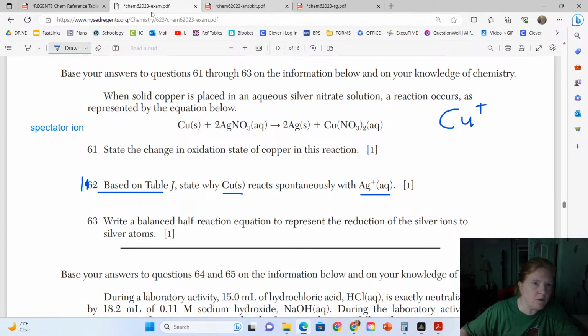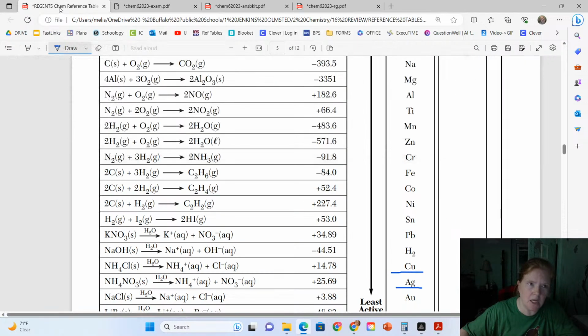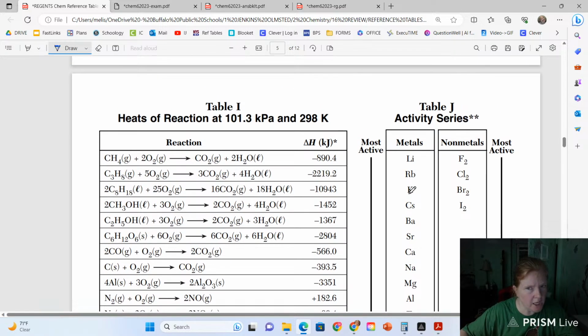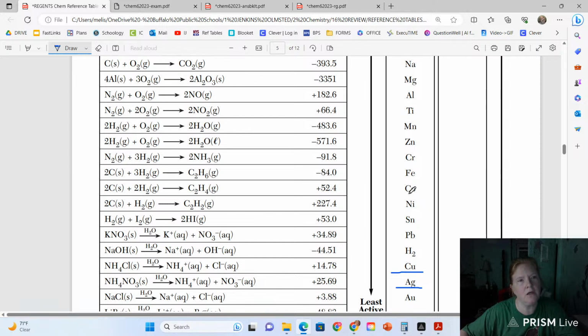So I guess what we've learned, and I did not know they would ever be this petty, is that when you're talking about table J, never mention charge. Plus signs, minus signs, nothing.